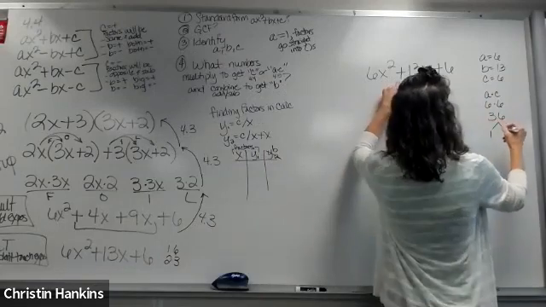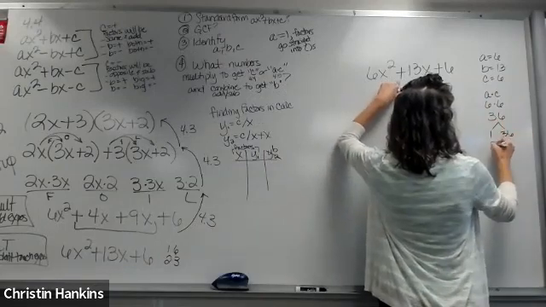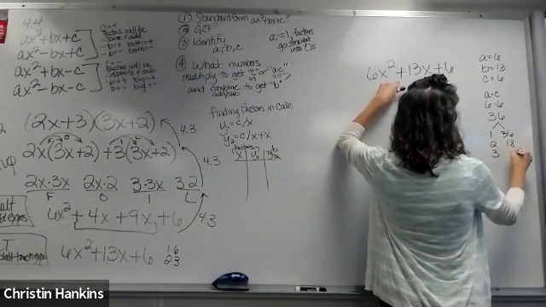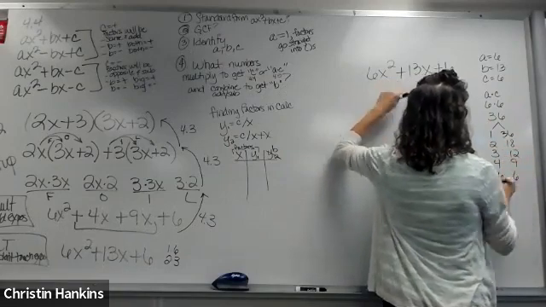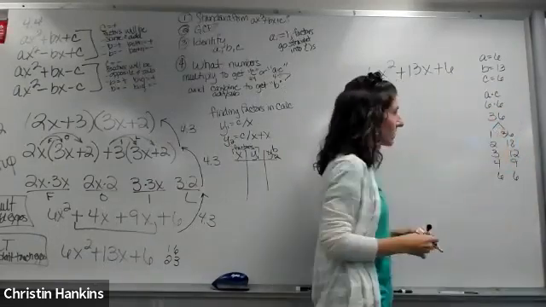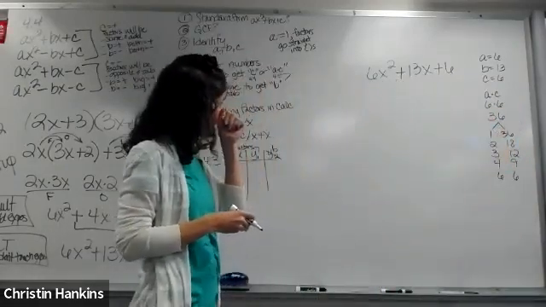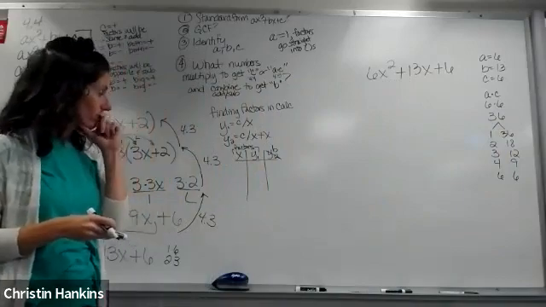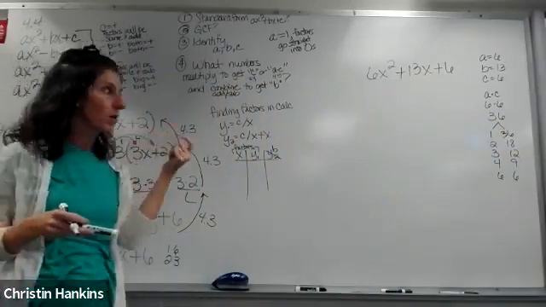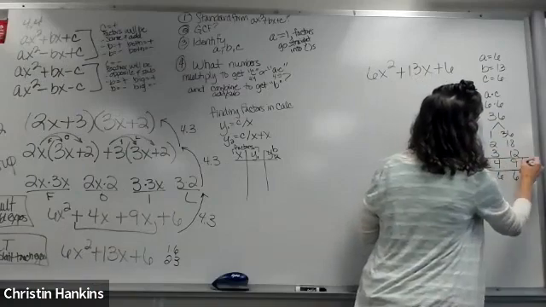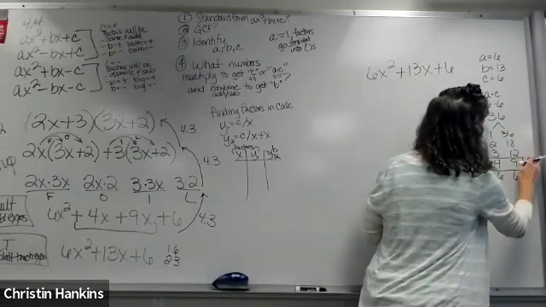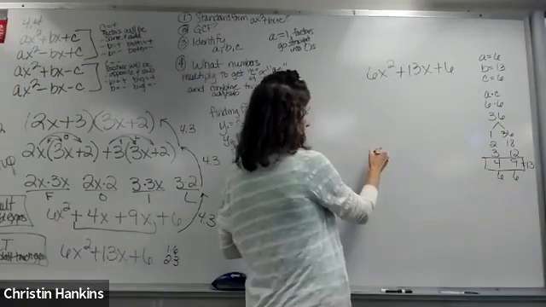I need the set that's going to add together to get me 13. So looking through my list of factors, does anybody see a set that's going to give me 13? 4 and 9, great, yes, thank you. So there's our 13.